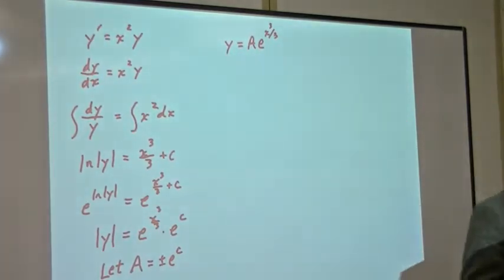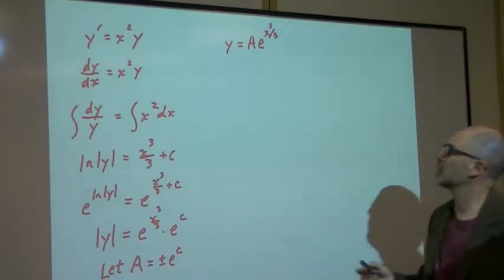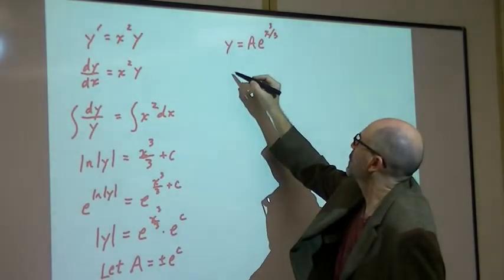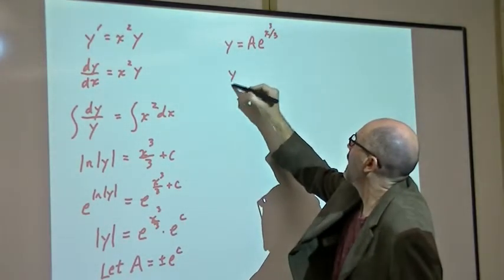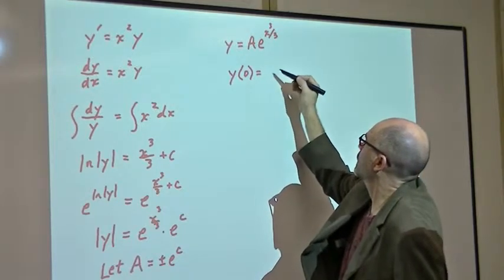Okay, so they give us initial conditions. Okay, no, they didn't give us initial conditions, but let's say they did. Let's say they told us that y of 0 equals 5.